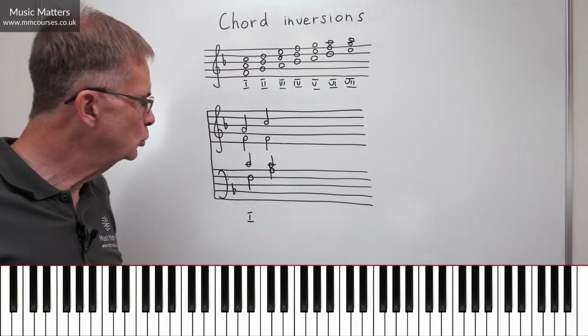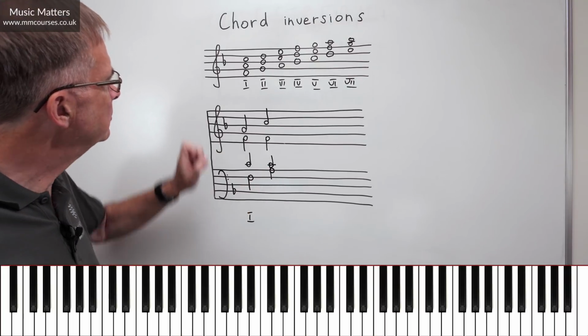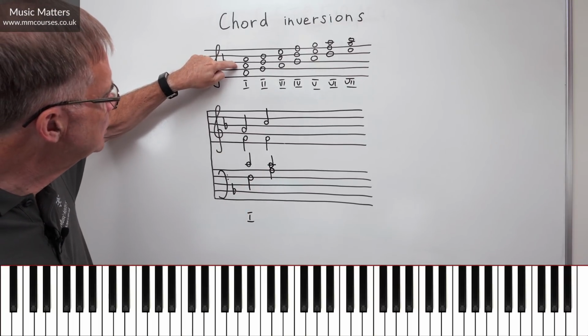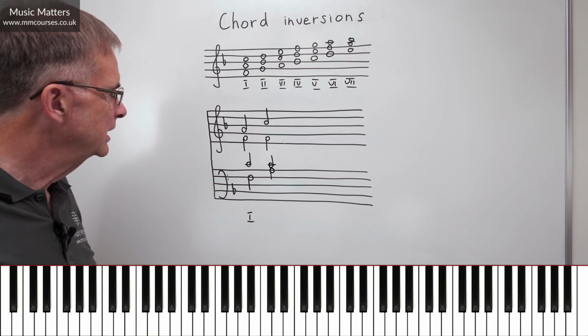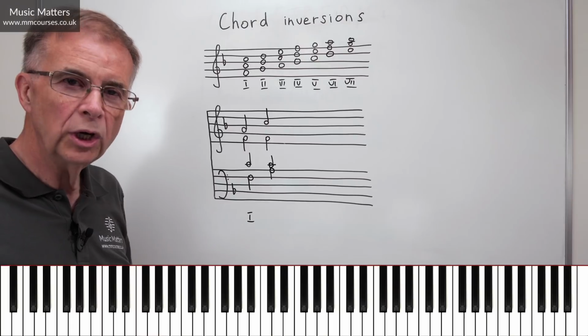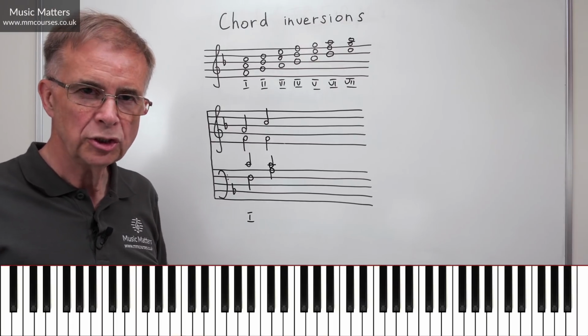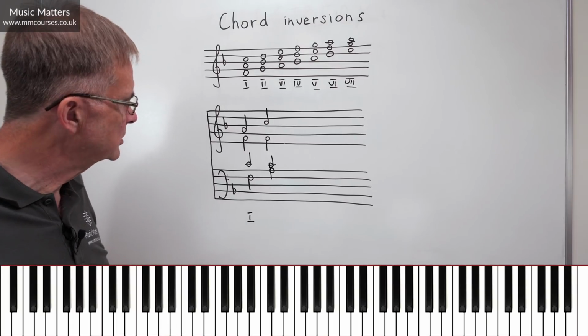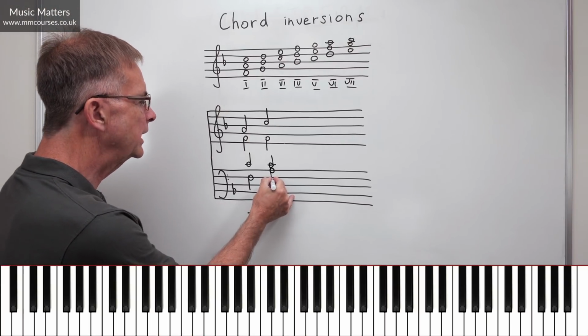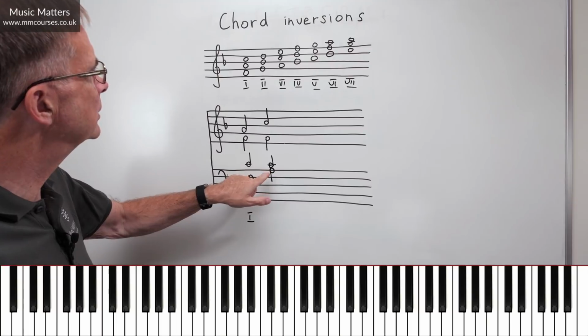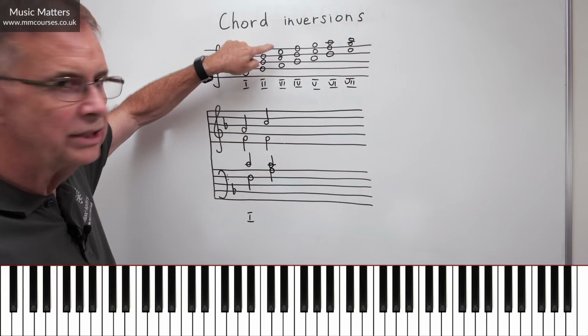So it's still chord 1, but this time, because I've got the middle note of the chord, the third of the chord, as the lowest sounding note, I say that this is chord 1 in first inversion. Now this causes confusion because some people get this far with chords and they look at this A in the bass and they say, oh, well, if it's got A at the bottom, it must be chord 3.